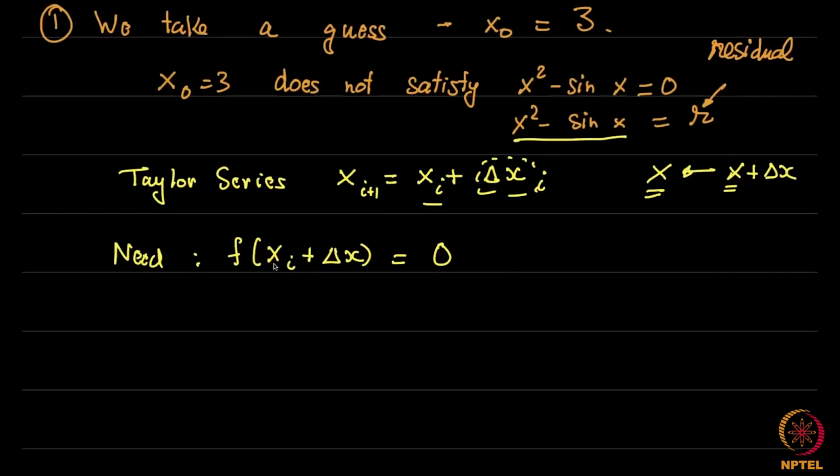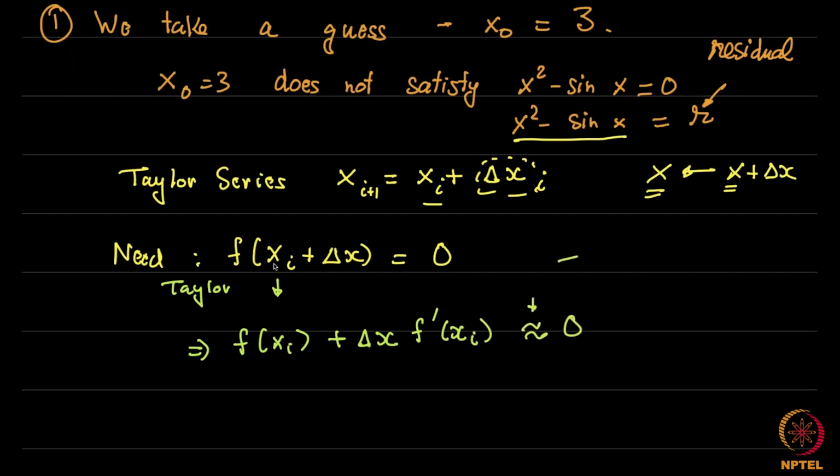Now we expand this equation in Taylor series and say this means that f of x plus the first term of the Taylor series, delta x times df/dx at x_i, is 0. Now it won't be exactly 0 because we have ignored terms. So obviously this equation is not exact.